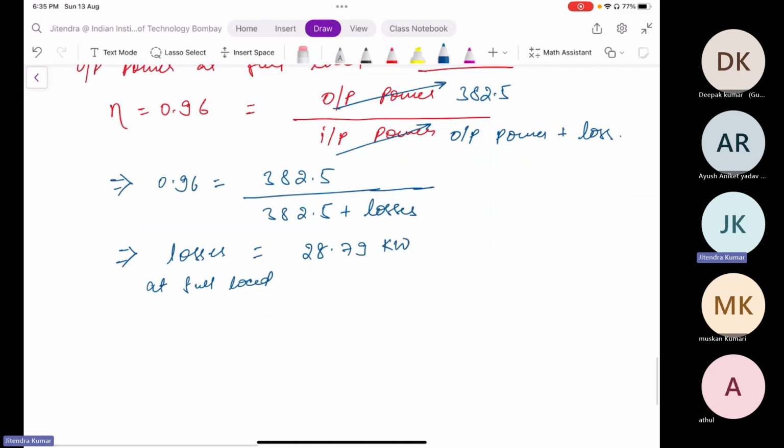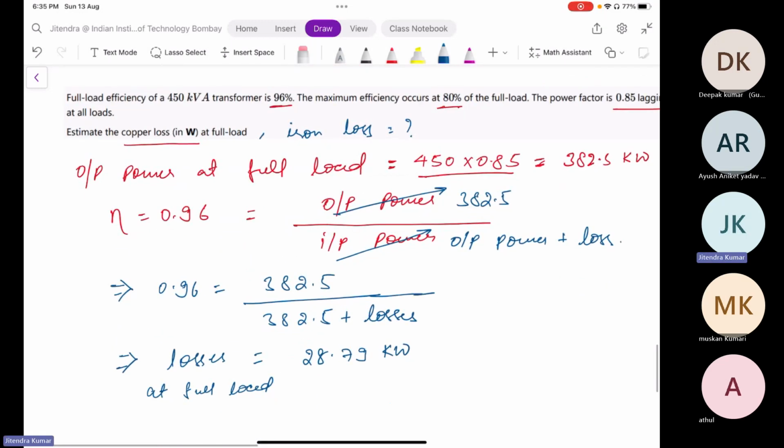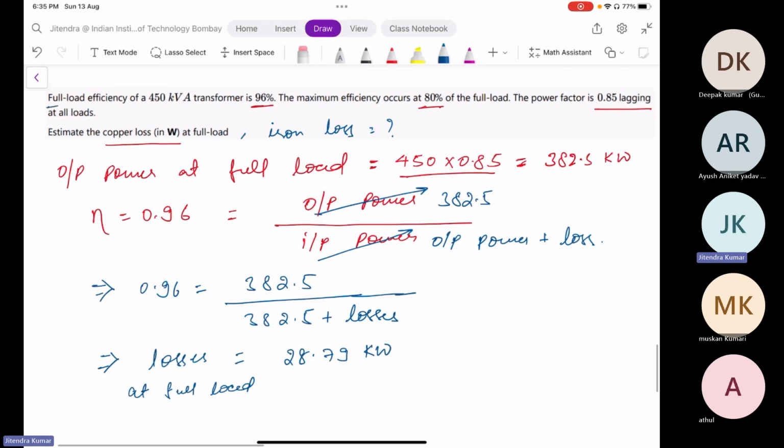Okay then. Apparently we have computed the losses. Now these losses at full load came out from only the first statement, right?